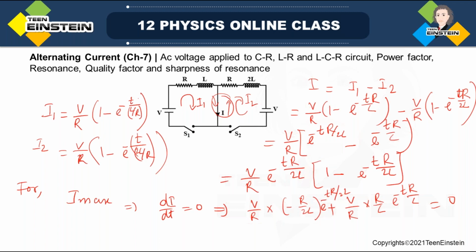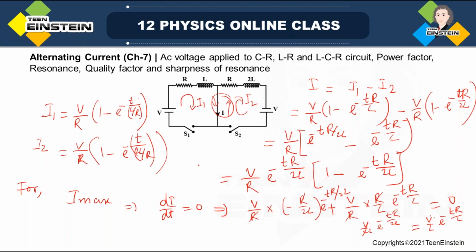So these are constants. This R goes with this R. So in one case there will be V by 2L, and this will be V by L. So V by 2L, e to the power minus TR by 2L, and another one will be V by L, e to the power minus TR by L.